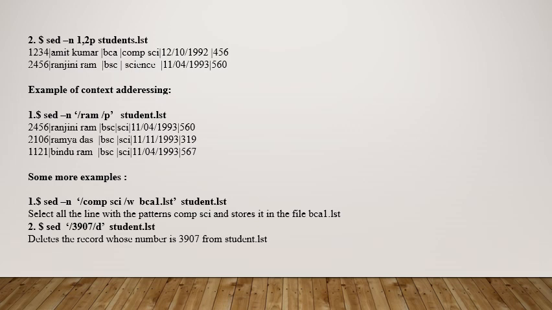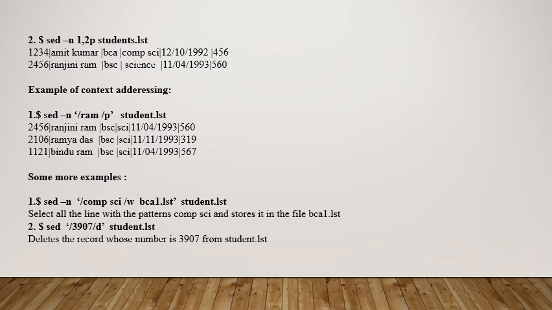Some more examples of the sed stream editor. Here you can see sed -n and 'computer science', then w, which is a command, with the file bca1.list, applied to the student.list file.